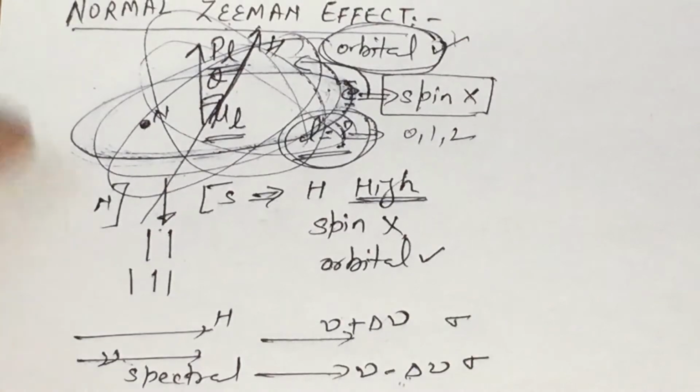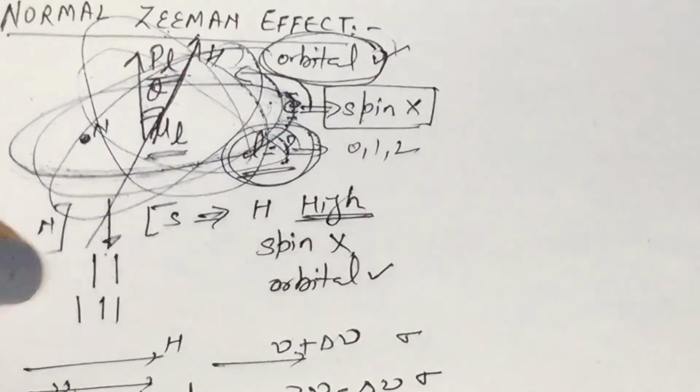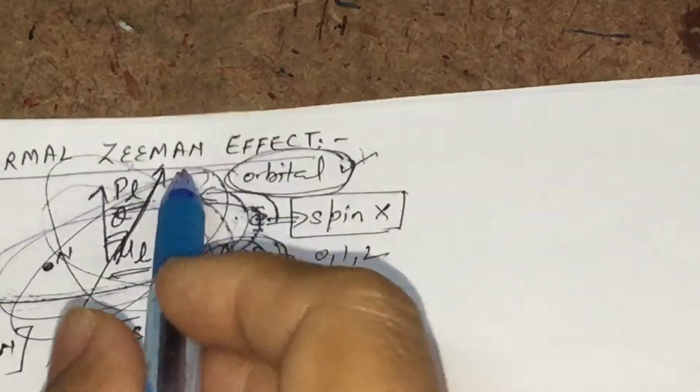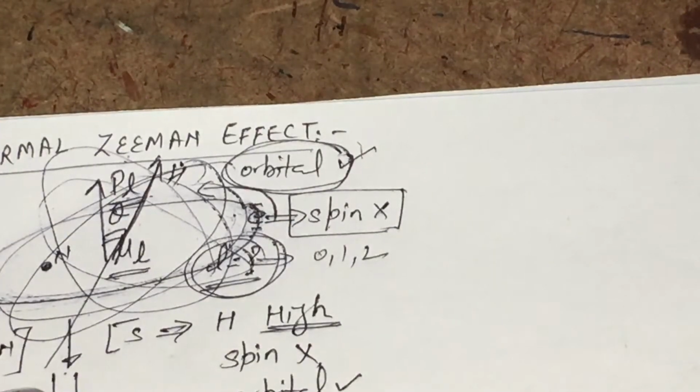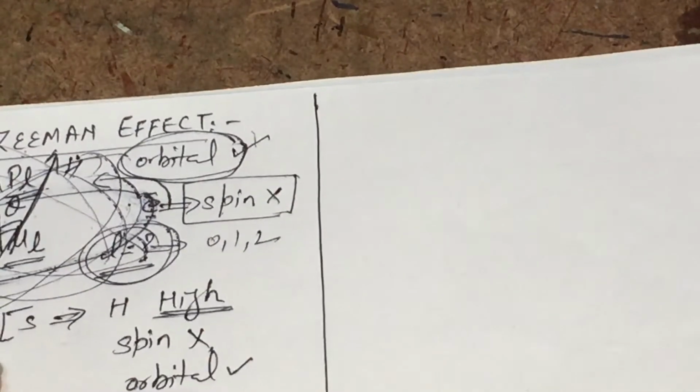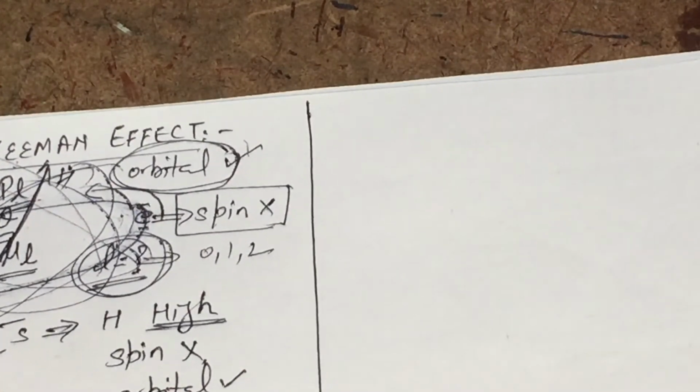And here we will explain how this splitting of a single orbit happens when a magnetic field is applied to an electron moving in an elliptical orbit.